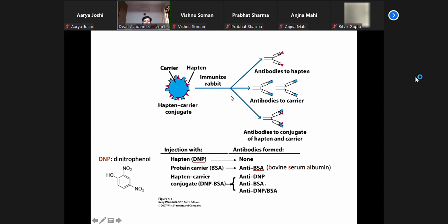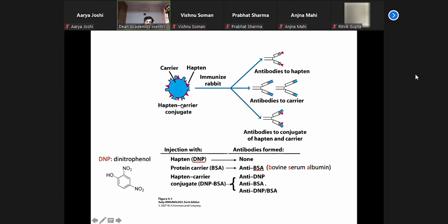This slide basically tries to explain it. Let's say you have, for example, this conjugate, which includes a hapten and a carrier protein. This blue portion, you would call the carrier protein.